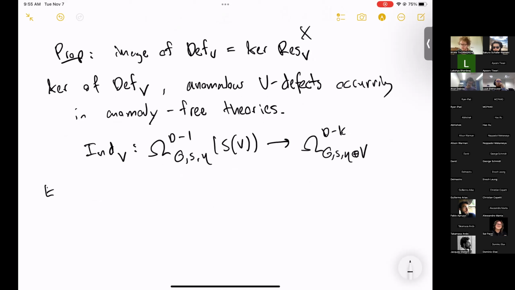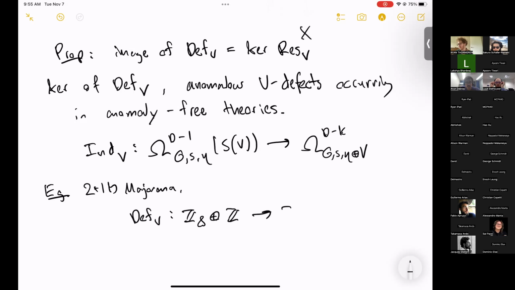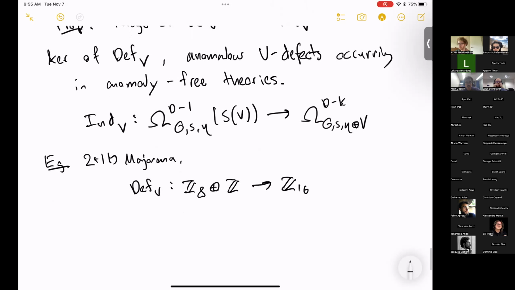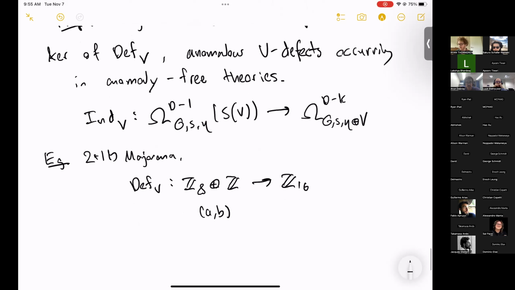So for example, in the 2+1D Majorana, remember this defect anomaly map, Z8 plus Z to Z16, was given by (a, b) to b minus 2a.